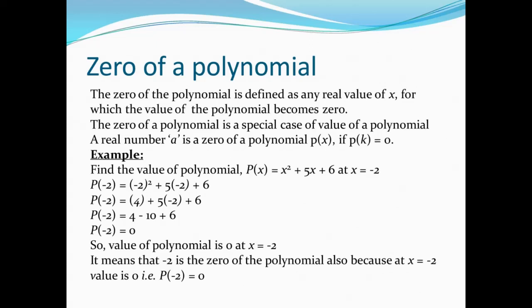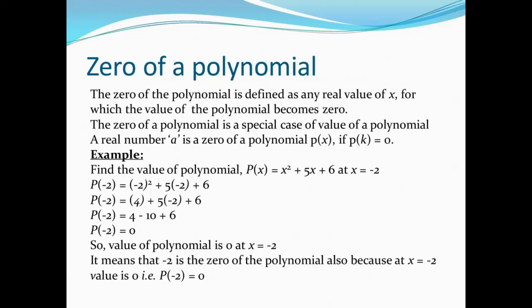Next in the row is zero of a polynomial. The zero of a polynomial is a special case of value of a polynomial, because if we substitute x by any number in the given polynomial and if we get value as 0, then that particular value of x becomes zero of a polynomial.